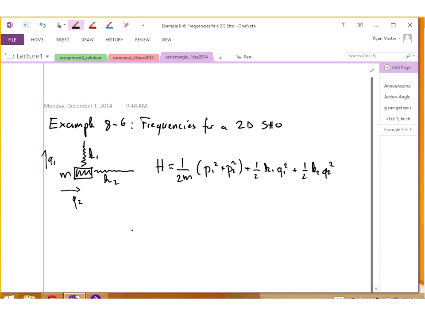And so we can write the Hamiltonian as H given by 1 over 2m, with p1 squared written as (∂W/∂q1) squared, plus 1 over 2m, with p2 squared written as (∂W/∂q2) squared, plus a half k1 q1 squared plus a half k2 q2 squared.